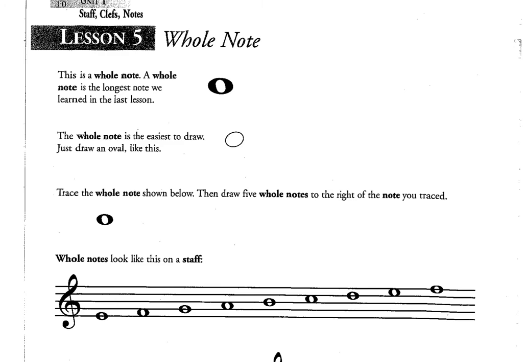The whole note. Now, I need you to know that when you draw a whole note, it does not have to look exactly like this. I have seen so many students, they'll draw an oval, they'll kind of try to color in the sides, and it takes them about 15 seconds to draw one whole note.